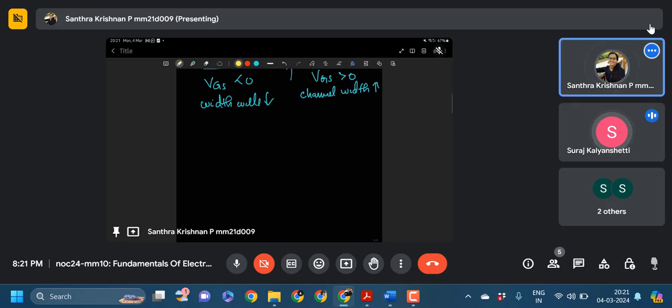The sixth one, very strong inversion. You have to check for the condition at strong inversion. What is the relation between phi S and phi D at strong inversion?